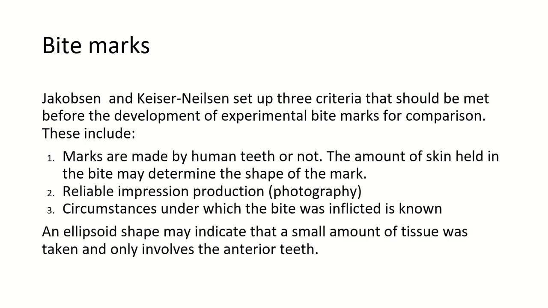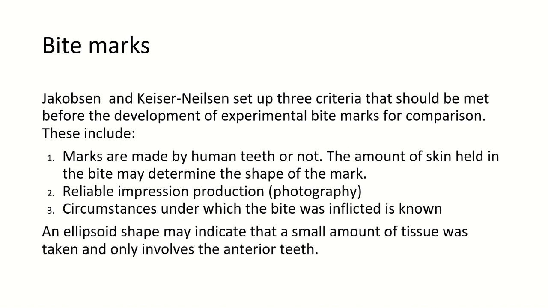Jacobson and Kaiser Nelson set up 3 criteria before bite mark comparison. First, whether the marks are made by human teeth or not. The amount of skin in the bite mark will determine the shape of the mark.